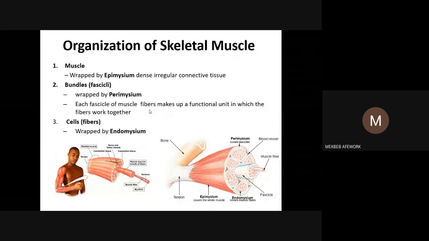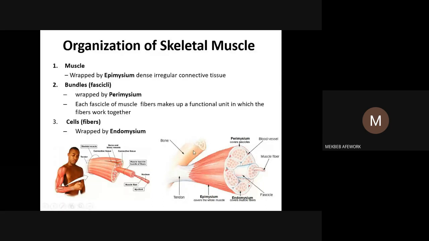When we look at organization of skeletal muscle as a whole, as an organ, it is wrapped by dense, irregular connective tissue. This connective tissue is named epimysium. The organization is like nervous tissue. Then epimysium sends trabeculae dividing fascicles or bundles.